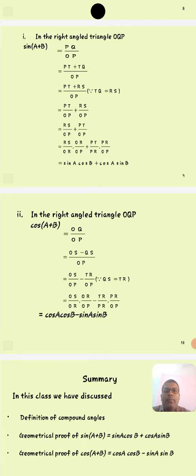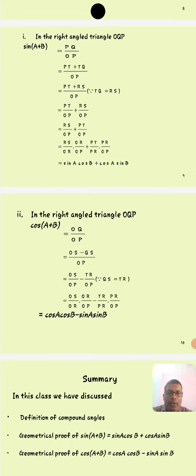That is equal to OQ, which is OS minus QS, divided by OP. Now we split into two parts: OS by OP minus TR by OP, because QS is equal to TR.